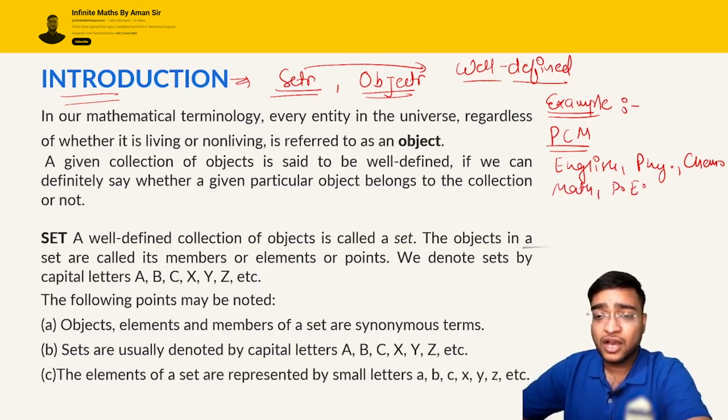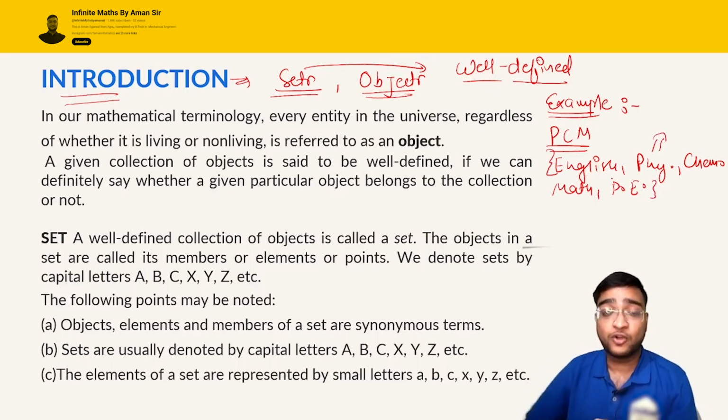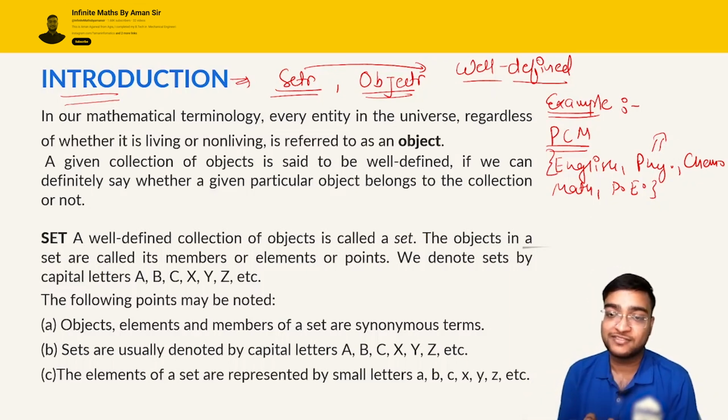So these are the subjects of a class 11th science student. These are 5 subjects, and the combination of these 5 subjects is called what? Your set.